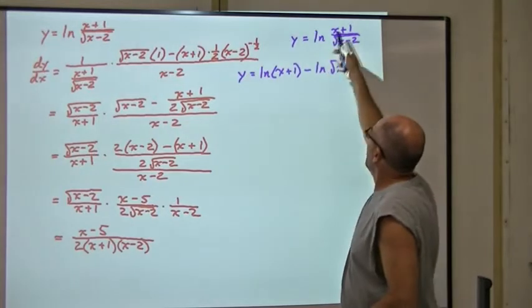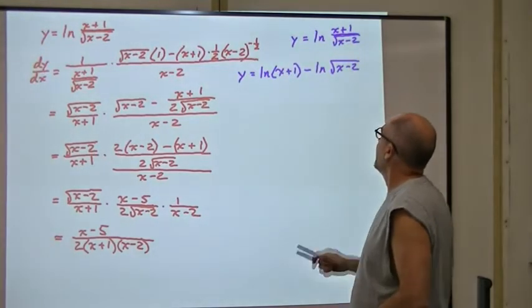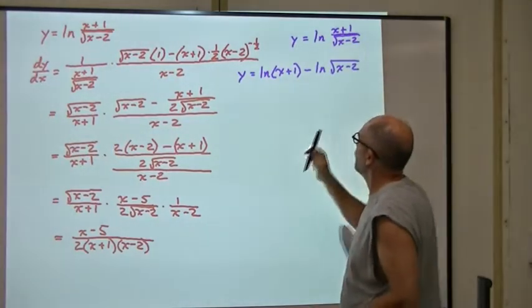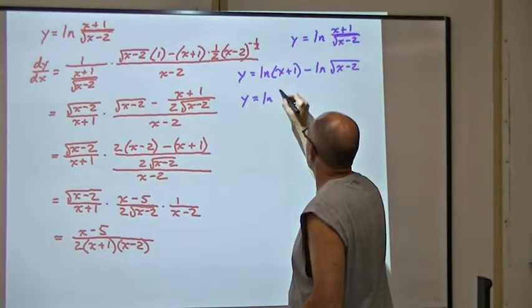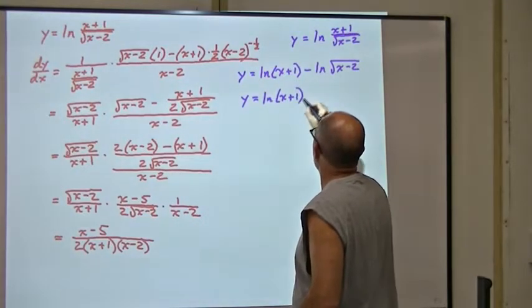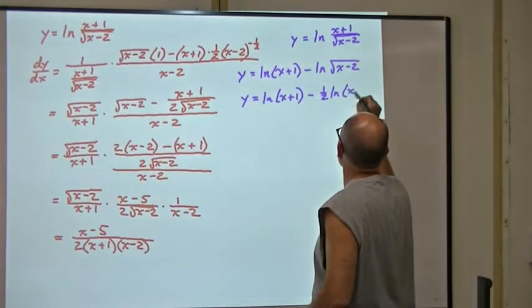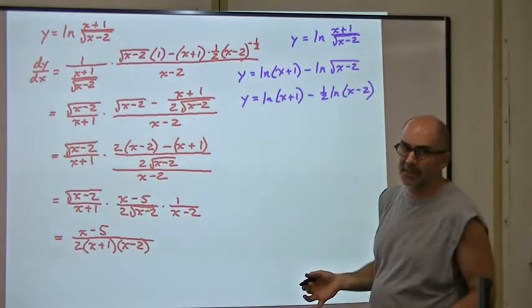You just go natural log of a over b equals natural log a minus natural log b. Now, one more thing we can do is take the exponent here and put it down in front. So y equals natural log of x plus 1 minus 1/2 natural log of x minus 2. Okay, now it's a piece of cake.